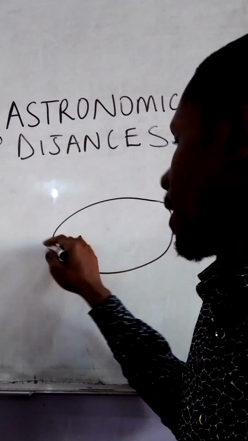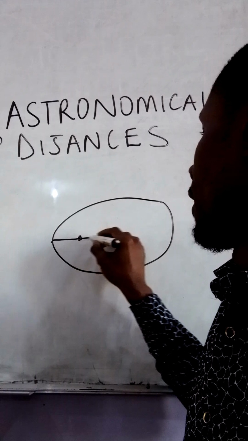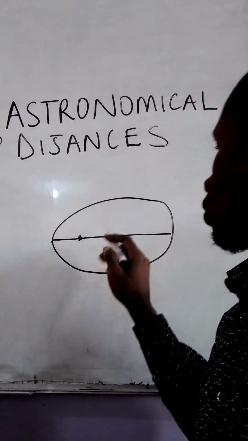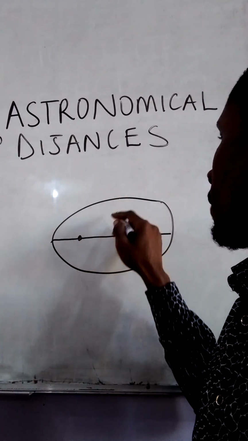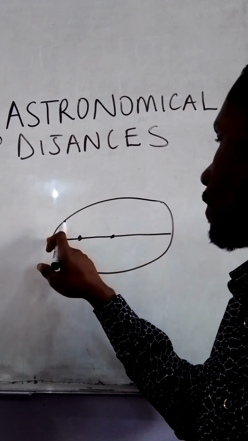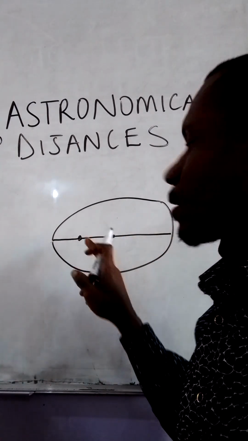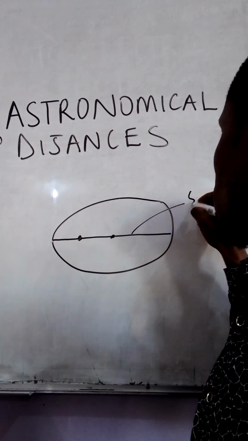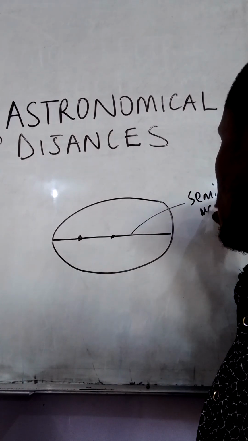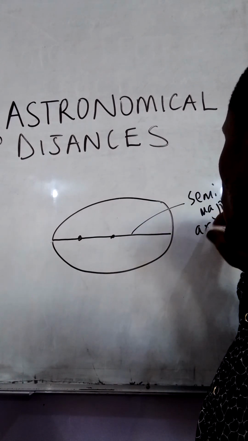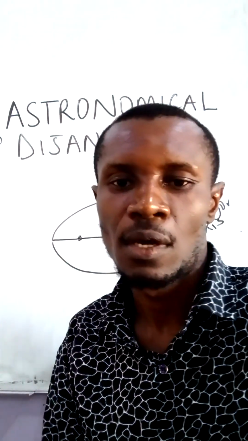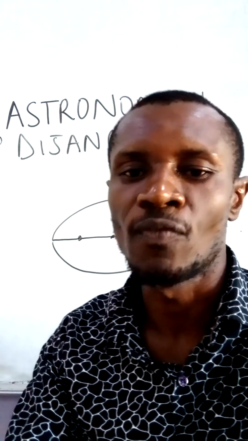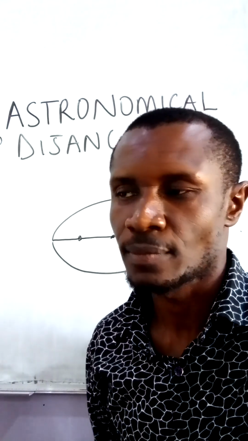This is the aphelion distance, this is the perihelion distance. So the semi-major axis, the halfway of this major axis, which we call the semi-major axis, gives us an approximate value of the astronomical unit.